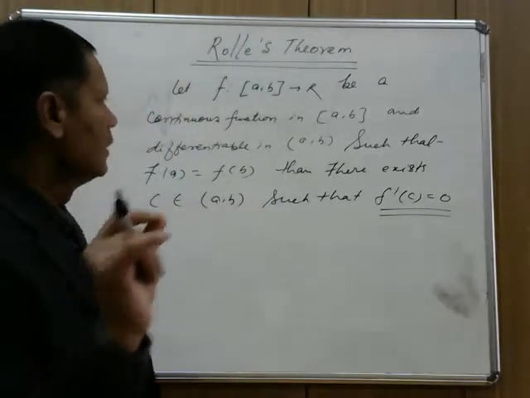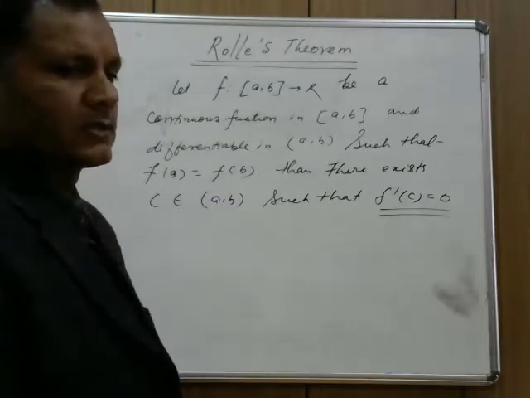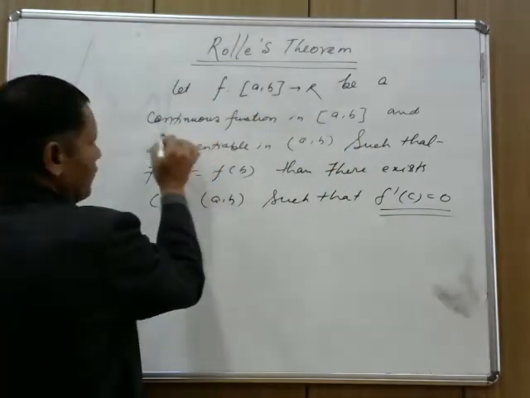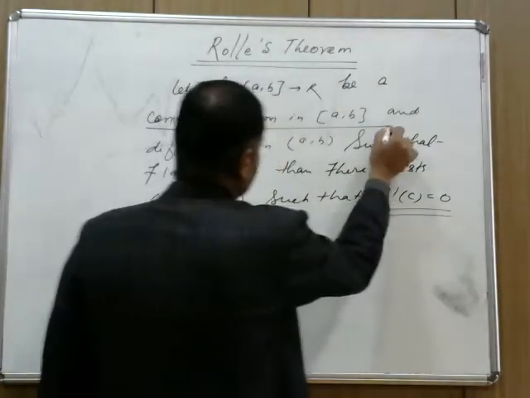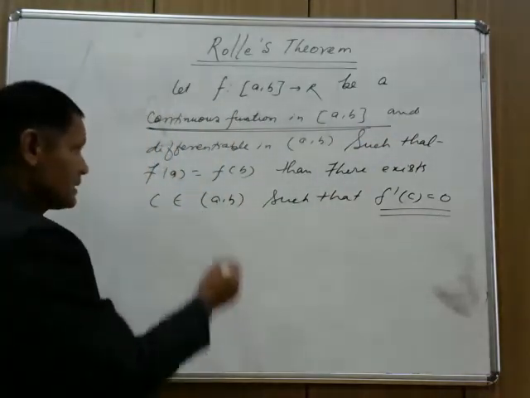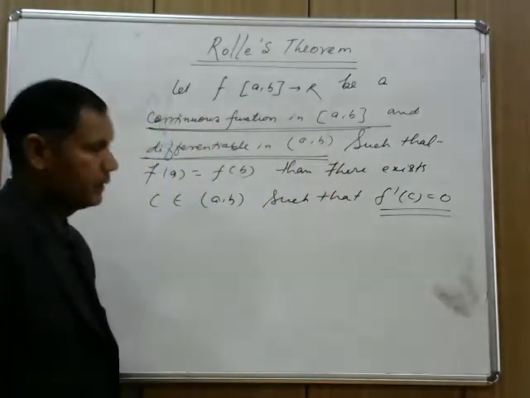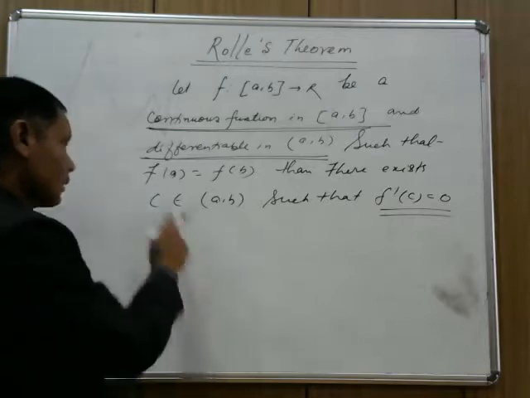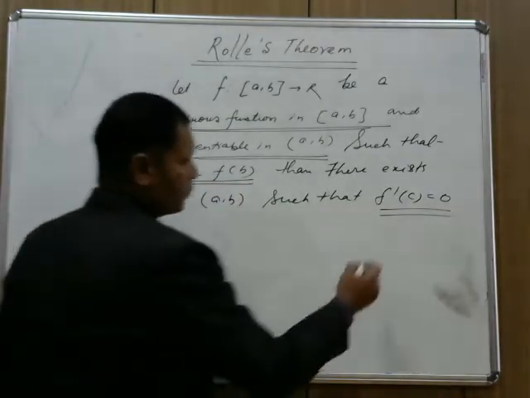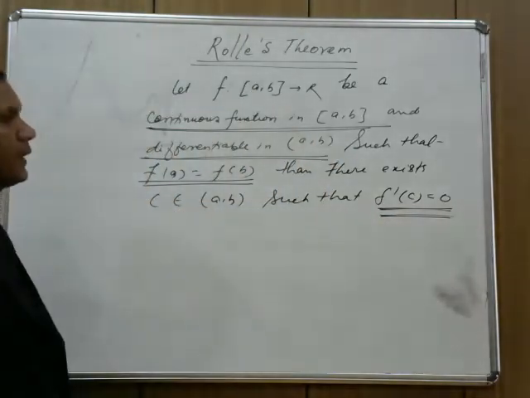Now see the different parts of this Rolle's theorem. The first is the given function y is equal to f of x is continuous in the closed interval a, b. Second, it should be differentiable in the open interval a, b. Third, f of a is equal to f of b. And fourth, f dash of c is equal to 0, where c belongs to (a, b).